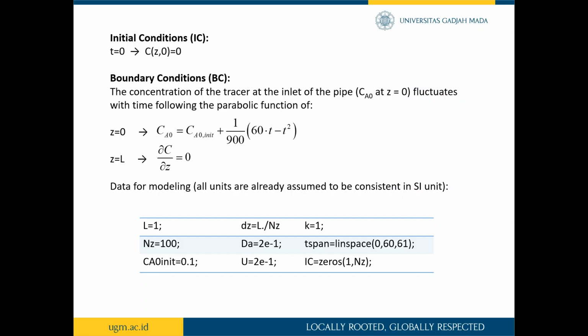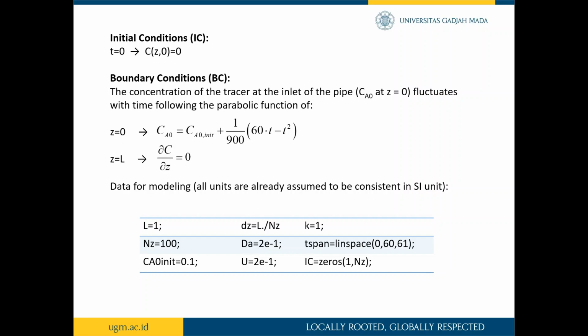So at z equal to 0, Ca0 is equal to Ca0 initial plus 1 over 900 multiplied by 60t minus t squared. This is just a parabolic equation that I made to have a nice figure from this exercise.